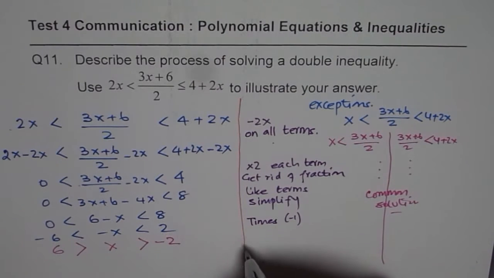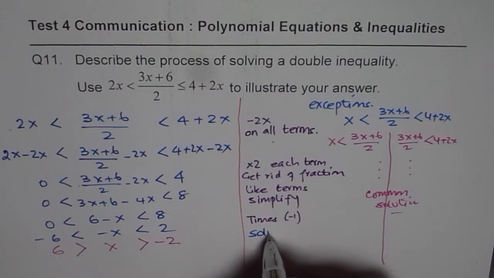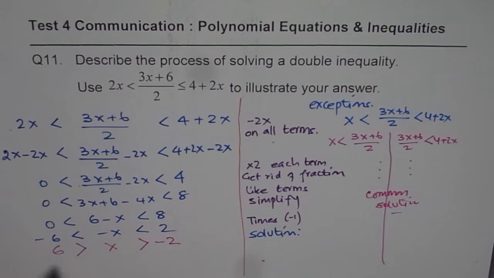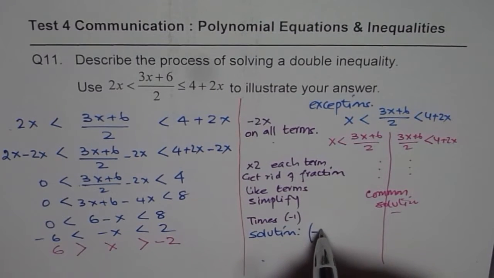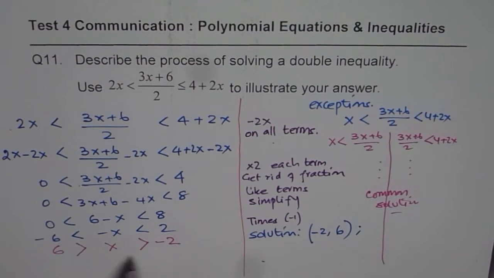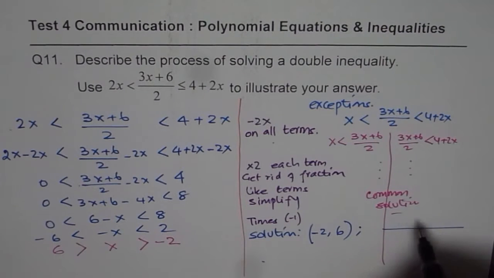At times you can write the solution on a number line also. There are different ways of writing the solution. We can write the solution in interval form, as between minus 2 and 6. We could also write this as an inequality as given here, or on a number line. On a number line, we can say our solution is between minus 2 and 6.